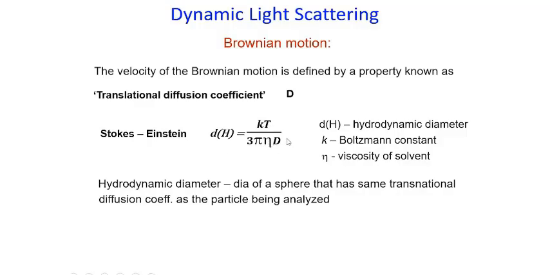So if we can derive this translational diffusion coefficient D, then this particle size can be obtained from this equation. Okay. So this dynamic light scattering technique will essentially try and measure this diffusion coefficient so that we can use this Stokes-Einstein equation to derive the size of the particles.